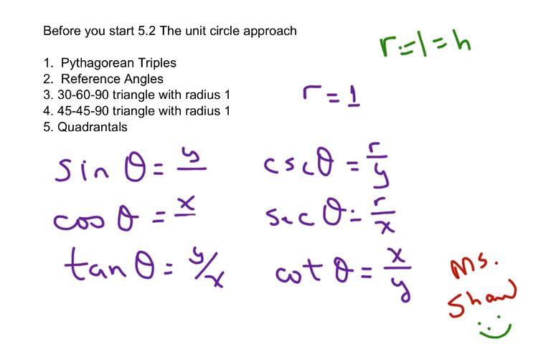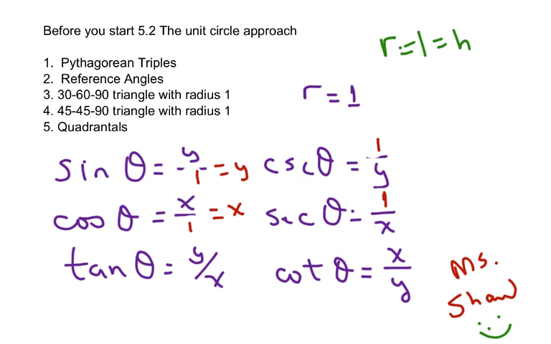So everywhere there's an r, I can put 1. So y over 1 equals y. X over 1 equals x. This would be 1 over y. And then you just, like we did in class, the ratios, you just do the inverse, do the reciprocal.